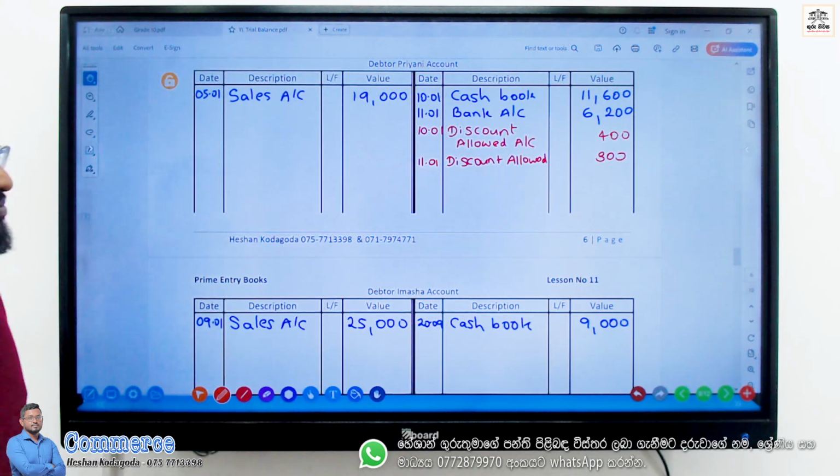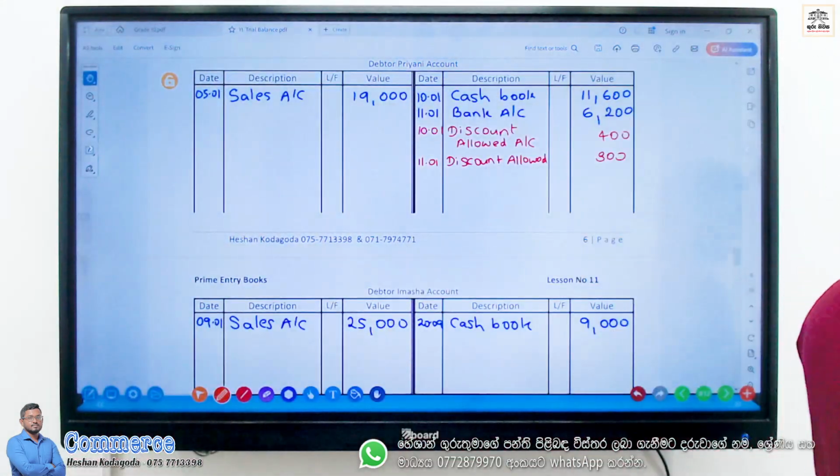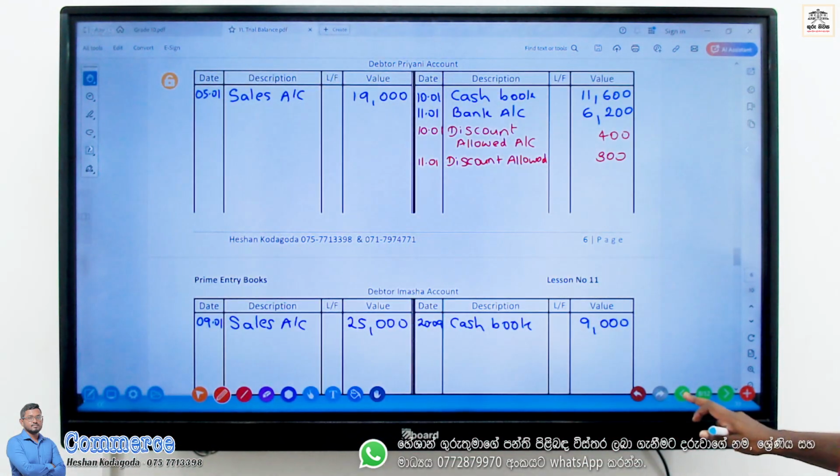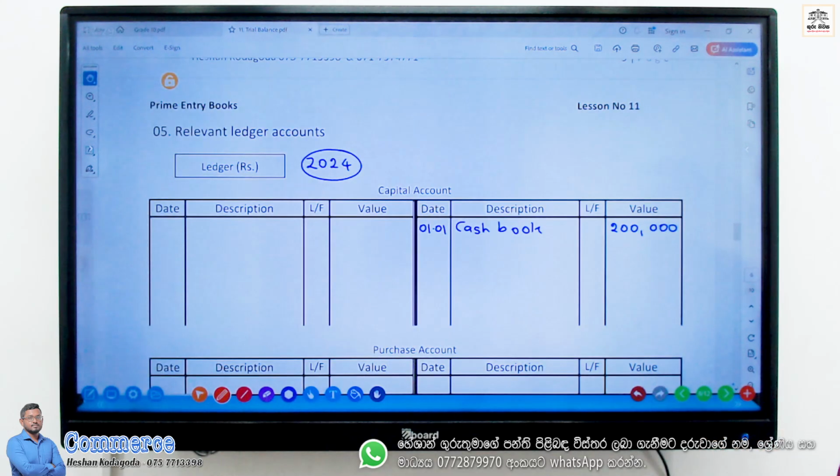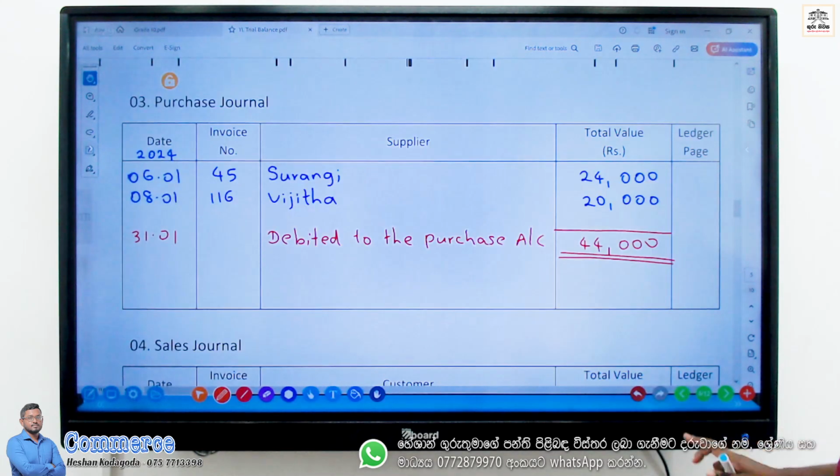Right? සර් ඔය කෑෂ් account එකේ discount allowed එකයි bank account එකේ discount allowed එකයි දෙක එකතු කරලා ලියන්න බෑද? එක ලිව්වත් කමක් නැහැ.